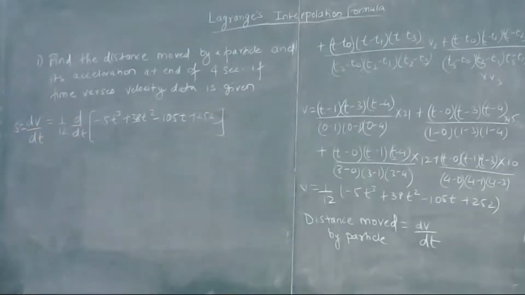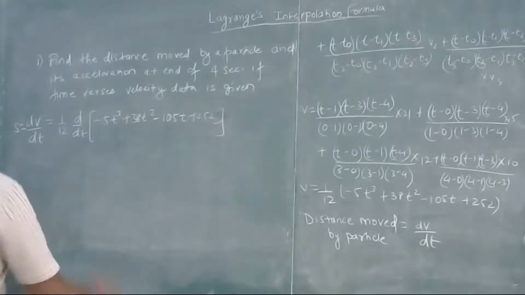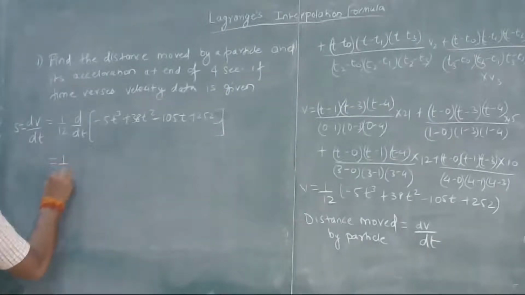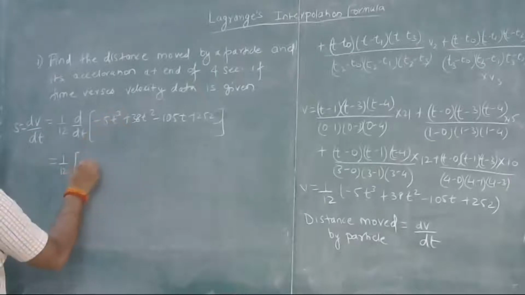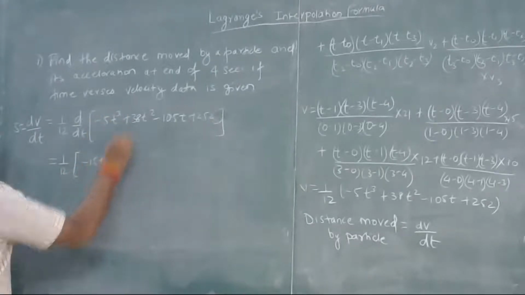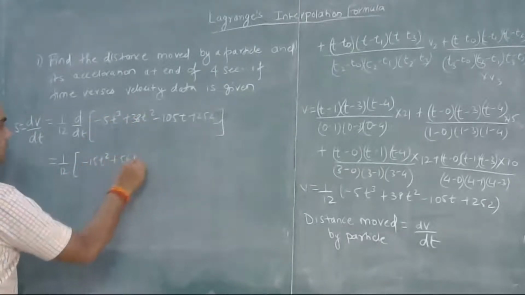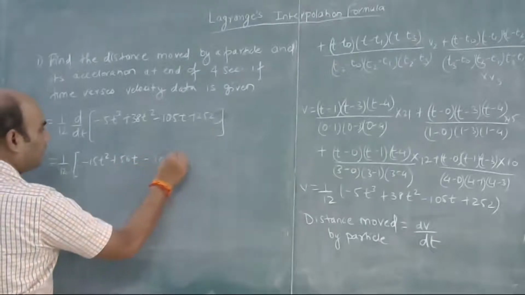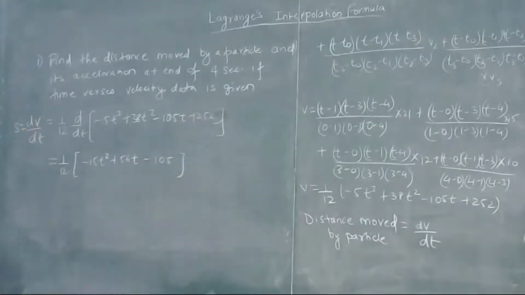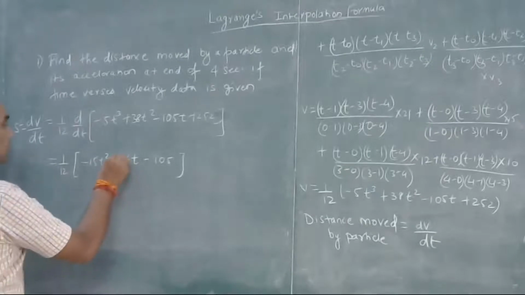So differentiate it with respect to t. This will be equal to 1 upon 12, so this will become minus 15t square, this will be 76t minus 105, and this will become 0. Okay, so you will get this expression.